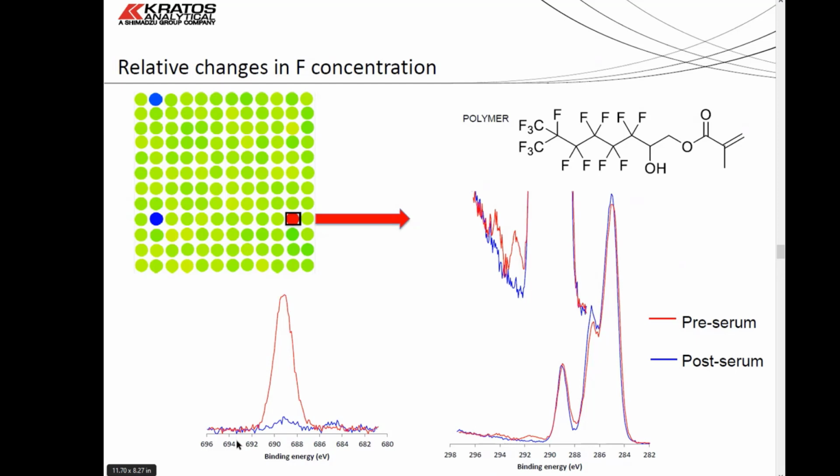The application of the protein and the wash afterwards maybe brought some of the fluorinated structure to the surface, and we could see a lot more of it. So it wasn't just looking for the addition of the protein, but also the effect of the protein on the polymer as well.